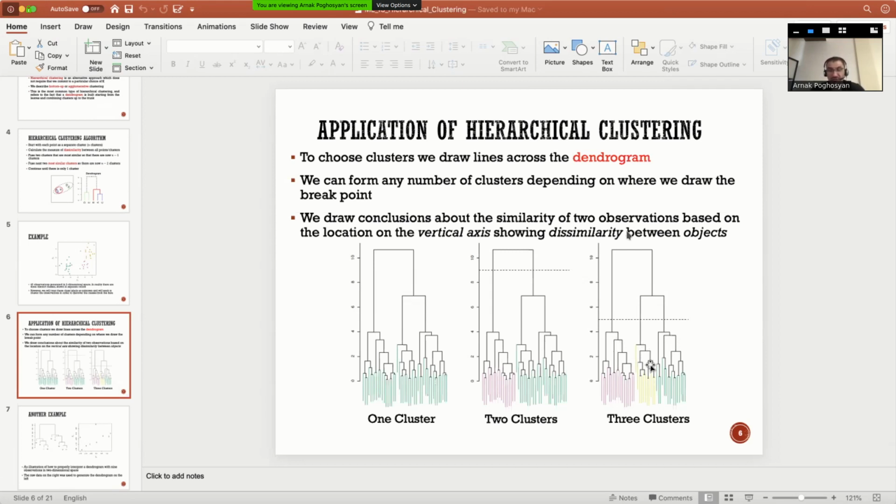And if you think in terms of, again, within cluster variation, what you are trying to do here is that for a single cluster, the within cluster variation must always be smaller than the variation jumping from one cluster to the other.